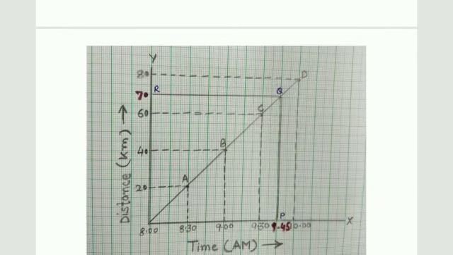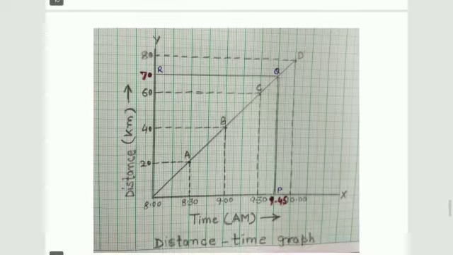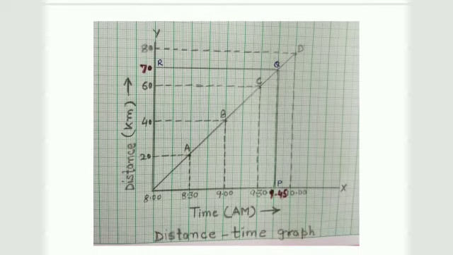I made this on an actual graph. We plotted the distance-time graph from 0. OX is time in AM and OY is distance in kilometers. The 0 point or O point is 8 am because the bus started at 8 am, so it is 0.